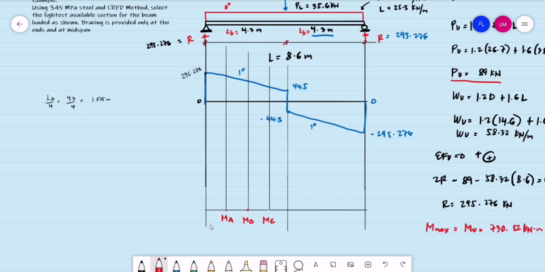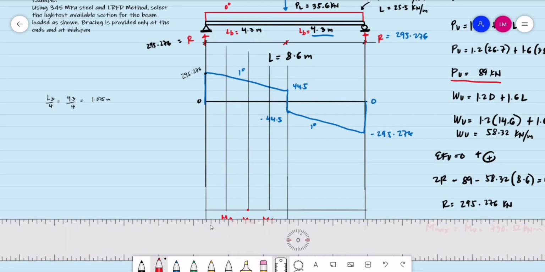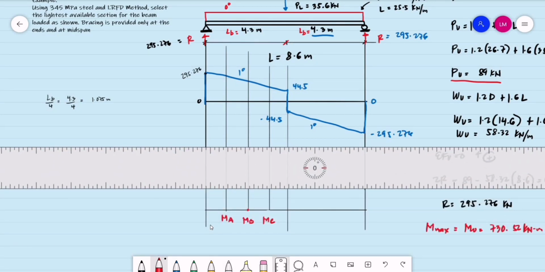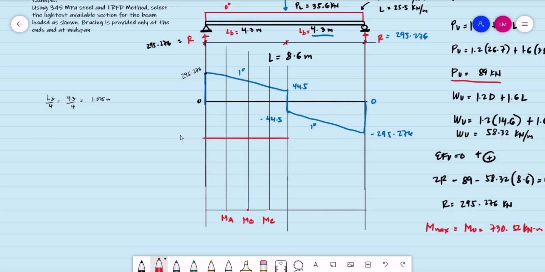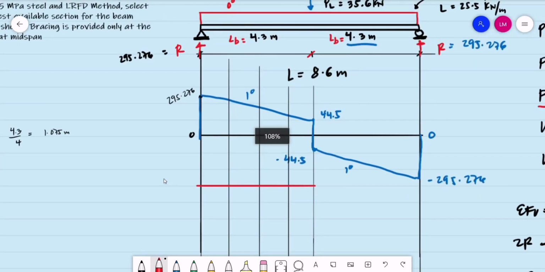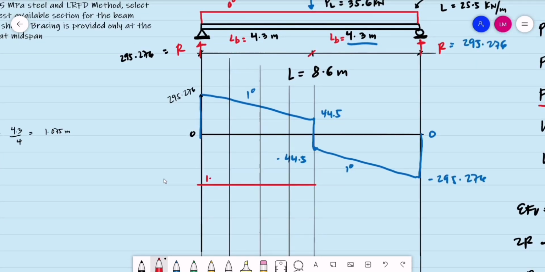So again, this unbraced length is divided at every 1.075 meters. So let's say this is 1.075, 1.075, and 1.075 meters.